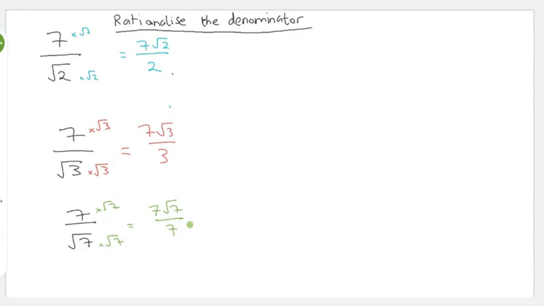And we can actually simplify this one. Would it just be root 7? Yes, because 7 divided by 7 is 1, so you really have 1 root 7 over 1, and 1 times root 7 is just root 7, root 7 divided by 1 is just root 7. So there we go. So that's one type of rationalization that we can do.